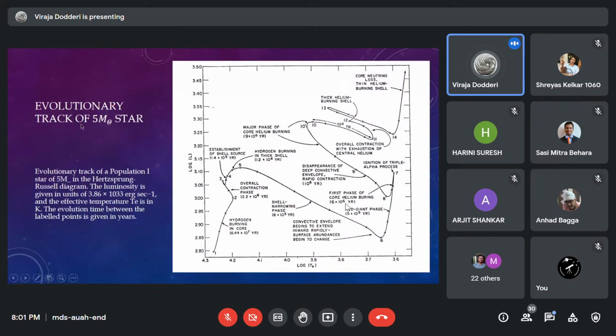This is an evolutionary track of a moderate mass star. A moderate mass star has a convective core, and hydrogen is exhausted in the core. Initially, it follows the same pattern as I told you.